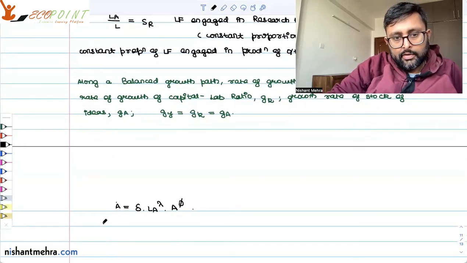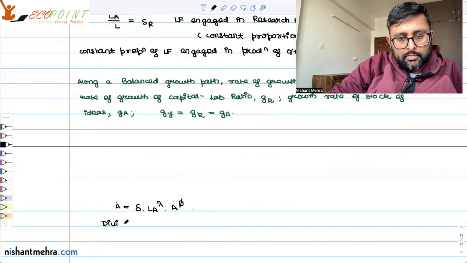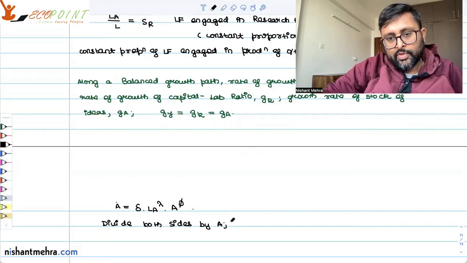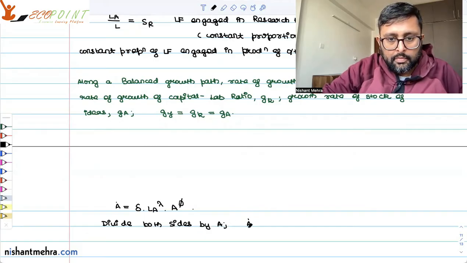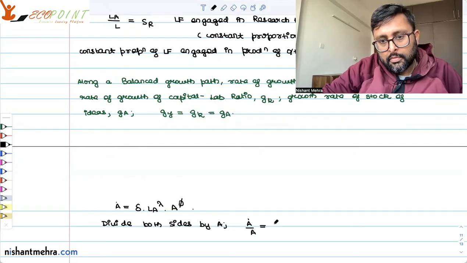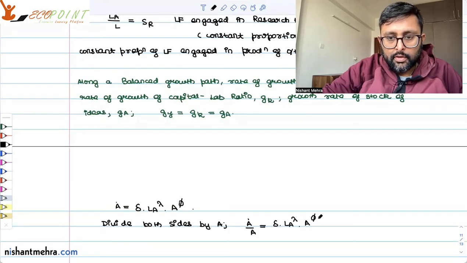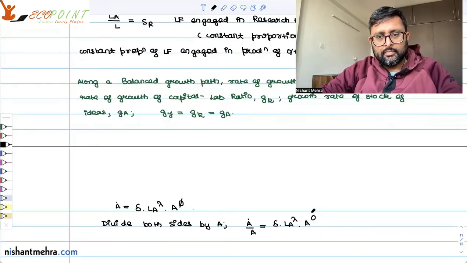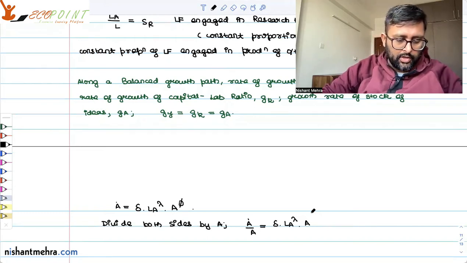And then I can divide both sides by A. A dot by A is delta L_A to the power lambda, and A to the power phi over A becomes A to the power phi minus 1.